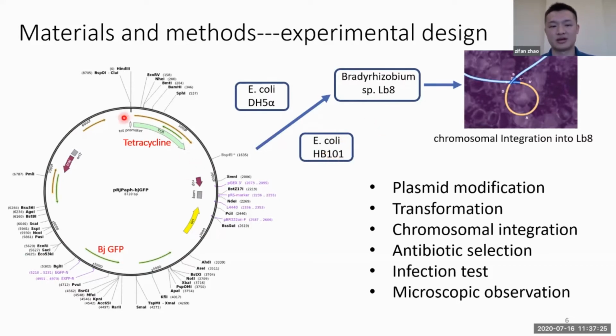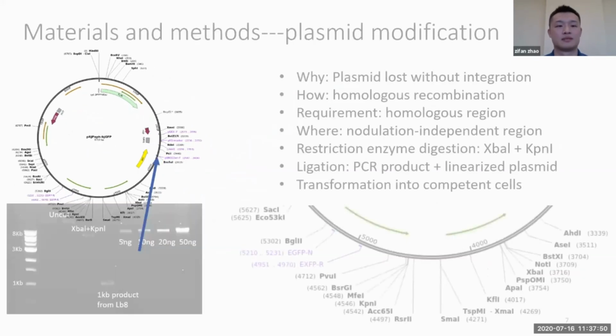After the plasmid is transferred into the Lb8 strain, it will be integrated into the bacterial genome to make sure it is stably expressed. Then we will do antibiotic selection and an infection test to prove this is successful.